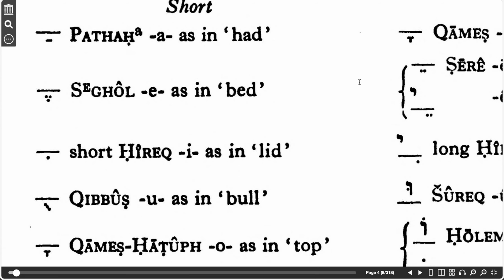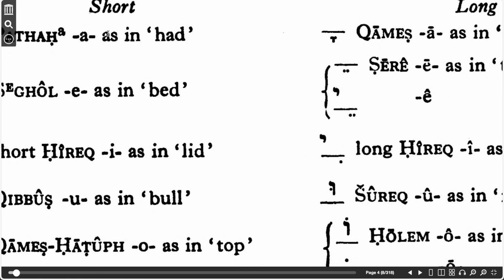You also want to memorize across. So the A short and long, the E vowel short and long, the I vowel short and long, the U vowel short and long, the O vowel short and long. So you want to just know those differences, okay? You may want to draw the letters and then put the dots underneath them. Practice doing some of that.